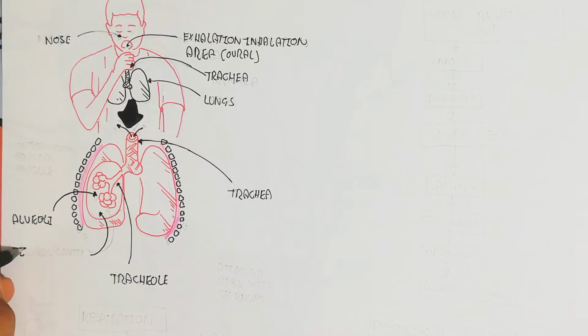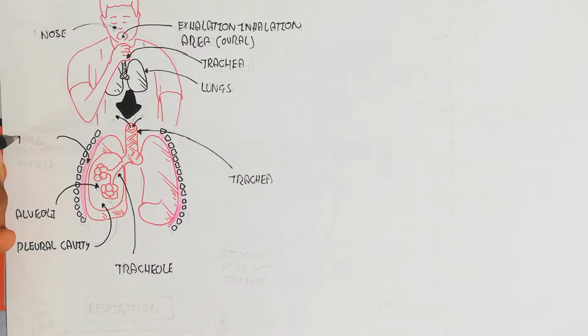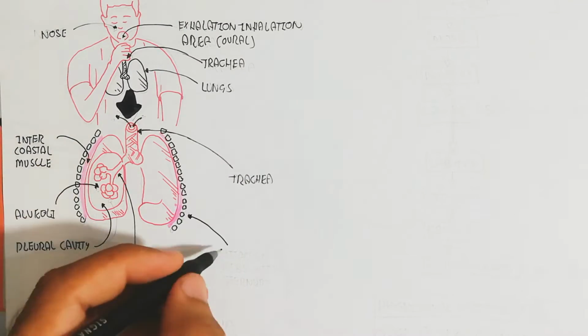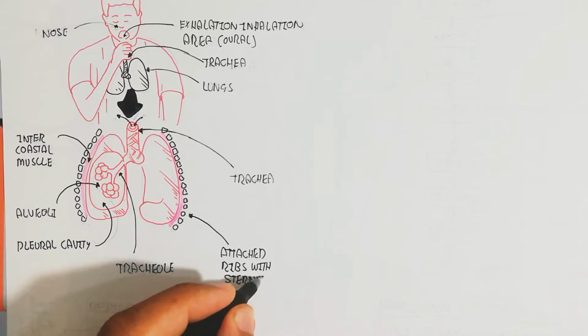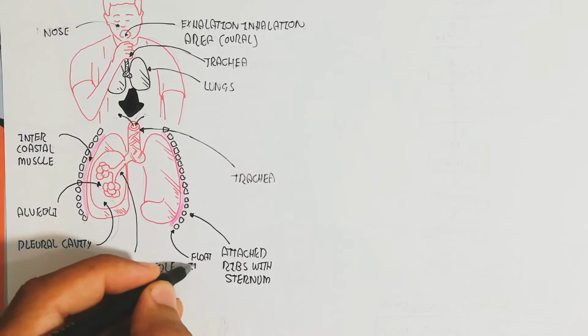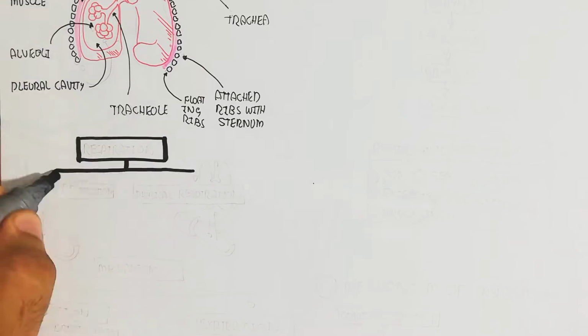Between the alveoli and the lungs is the pleural cavity, while here is the intercostal muscle. This is the rib attached to the sternum, while the detached rib is known as the floating rib, which comes as a pair.